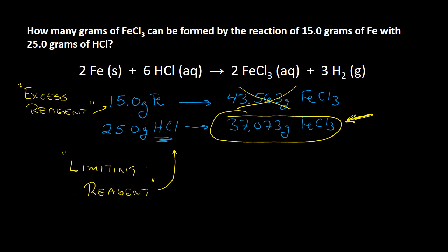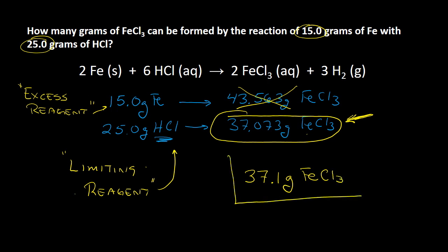So the sig figs here are controlled by the data that was given to us at the beginning, and that is this 15 grams and the 25 grams, which have 3 significant figures. So we need to round this to 3 significant figures. So our final result is 37.1 grams. All right, that's our final answer on that problem.